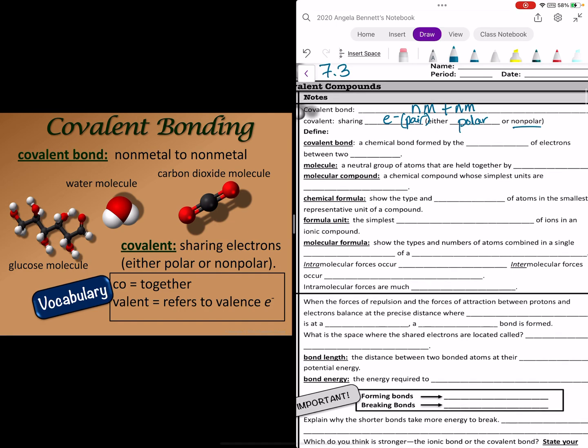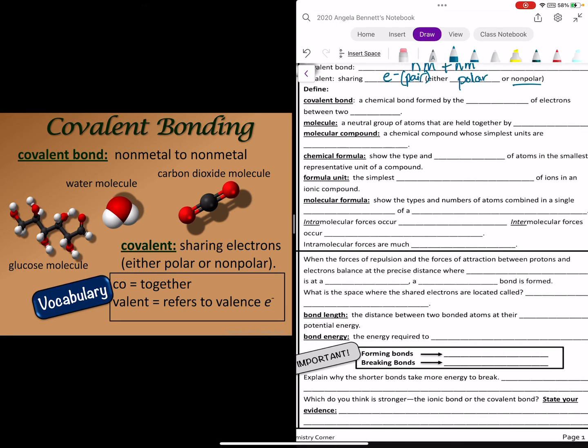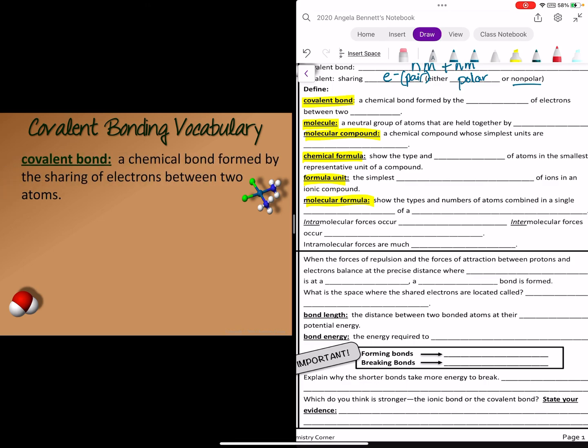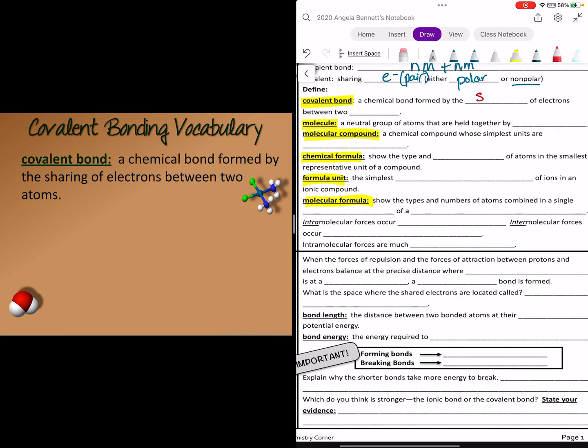Okay, so let's do some more definitions. We're going to define some of our big words for this unit, and the ones I just highlighted in yellow are review, so I am going to go fast. A covalent bond is a chemical bond formed by the sharing of electrons between two atoms. And these atoms are going to be nonmetals, okay?